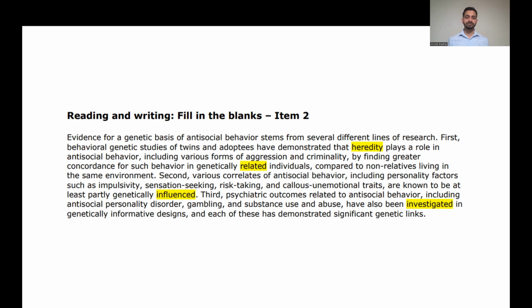Second, various correlates of antisocial behavior, including personality factors such as impulsivity, sensation seeking, risk taking, and callous unemotional traits, are known to be at least partly genetically influenced. Third, psychiatric outcomes related to antisocial behavior, including antisocial personality disorder, gambling, and substance use and abuse, have also been investigated in genetically informative designs, and each of these has demonstrated significant genetic links. So it all makes sense, right?